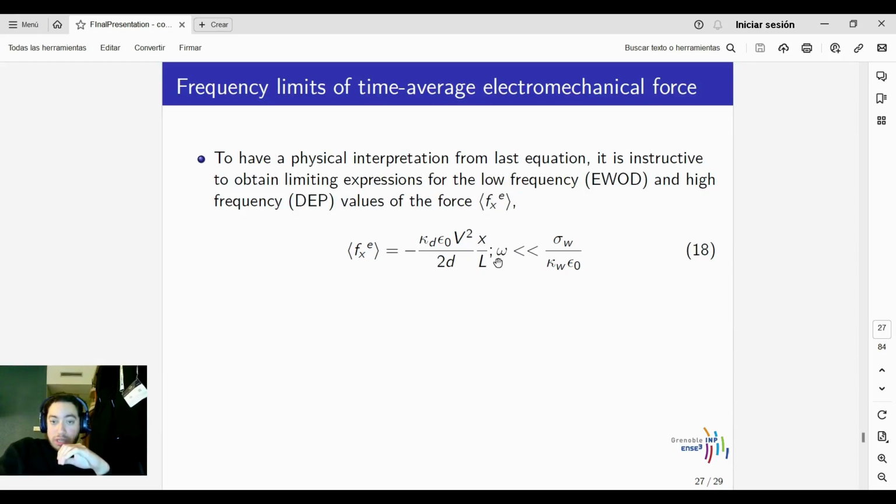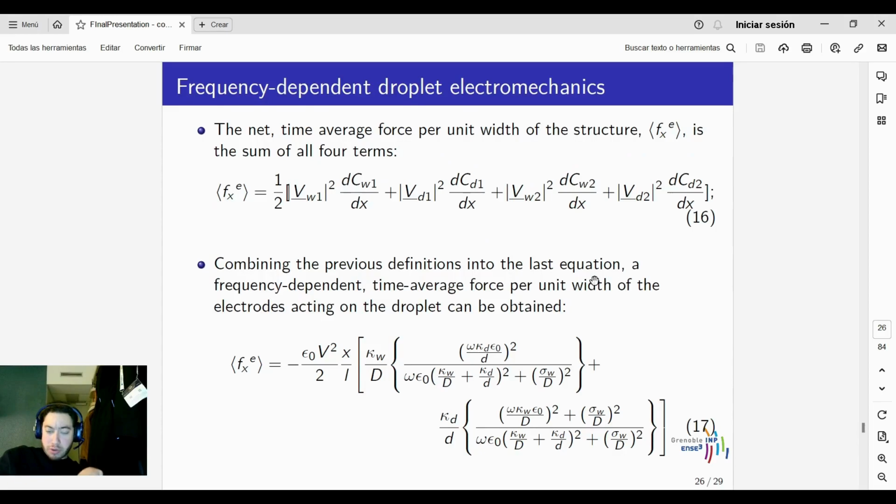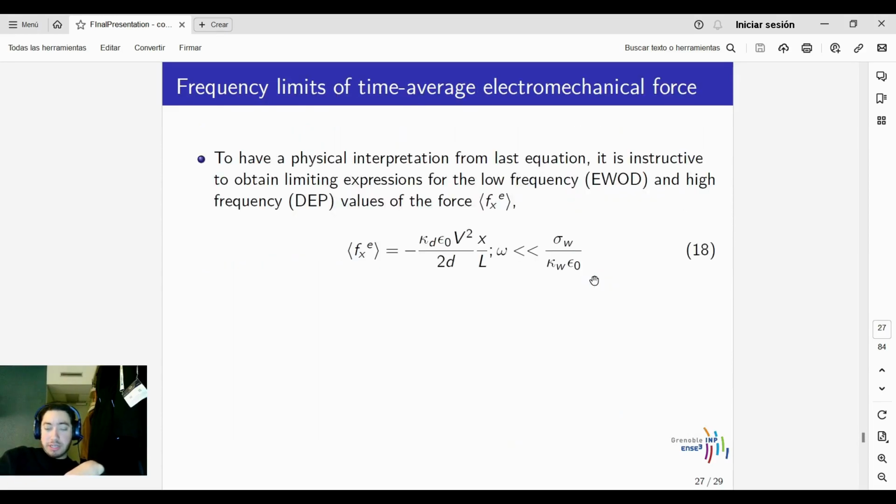Those are the cases where W is very small in comparison to sigma, and as the ratio between sigma, kappa, and epsilon to 0. So in these cases, this long equation simplifies to this. That is exactly the same equation for the electrical force that we got for the 2D no variation of voltage case.